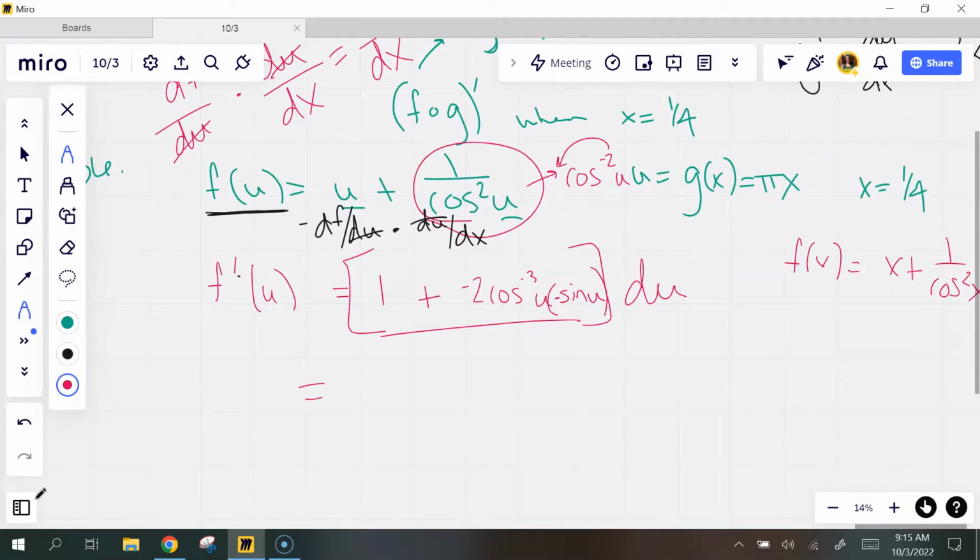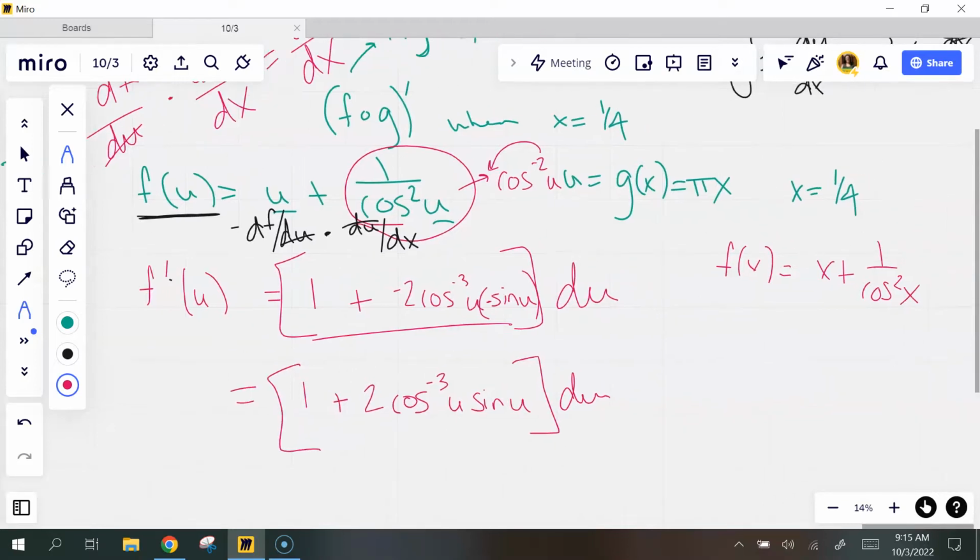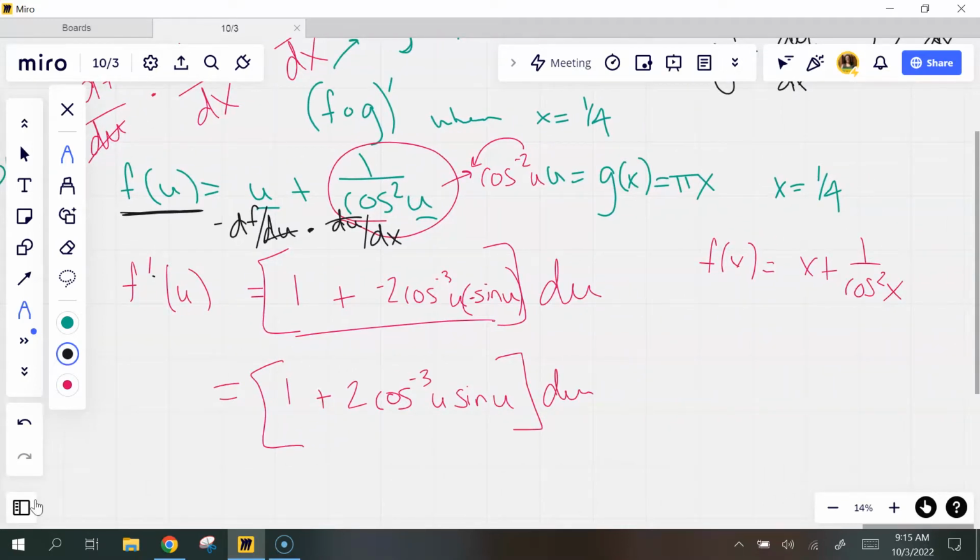Okay, so let's finish working with this just a little bit. I have 1, and y'all are right, that's positive 2, cosine to the negative 3 of u, sine of u. But I need to multiply by du. Okay? So now let's think. What do I have? What do I know? I know what u is. U is pi x. And what is du?